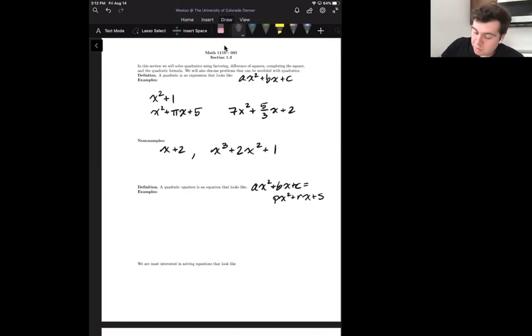So some examples are something like 2x squared plus 3x plus 1 equals 2x. And we'll notice on the right-hand side, it doesn't actually have to be a quadratic, so long as one side of the equation has a quadratic.